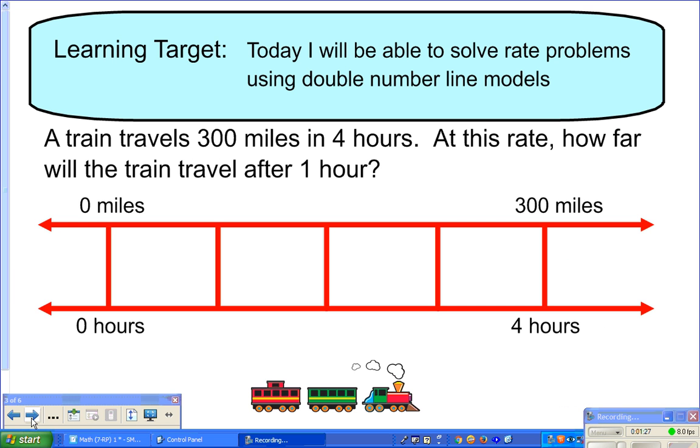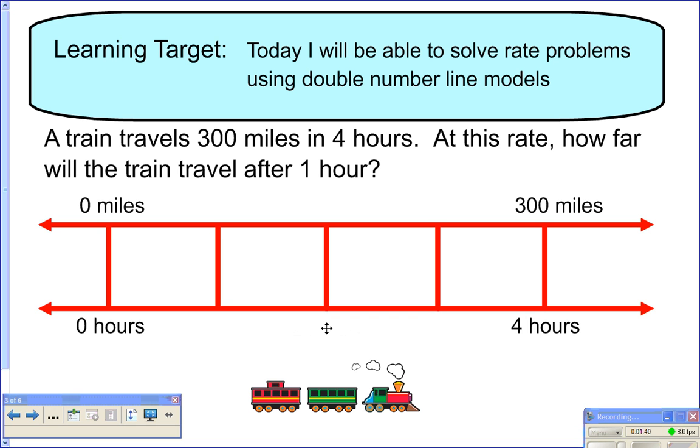Let's first look at unit rates. The train is traveling 300 miles in 4 hours. At this rate, how far will the train travel after 1 hour? Well, in 4 hours, it's going to travel 300 miles. Half of that amount of time, it should travel half that distance. So half of 4 is 2. Half of 300 is 150.